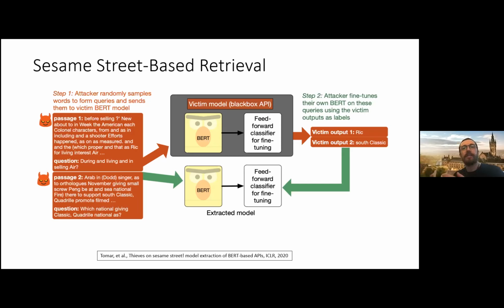That test collection can then be used to fine-tune the publicly available BERT model to come up with pretty much the exact same model as is used by the proprietary vendor, you know.